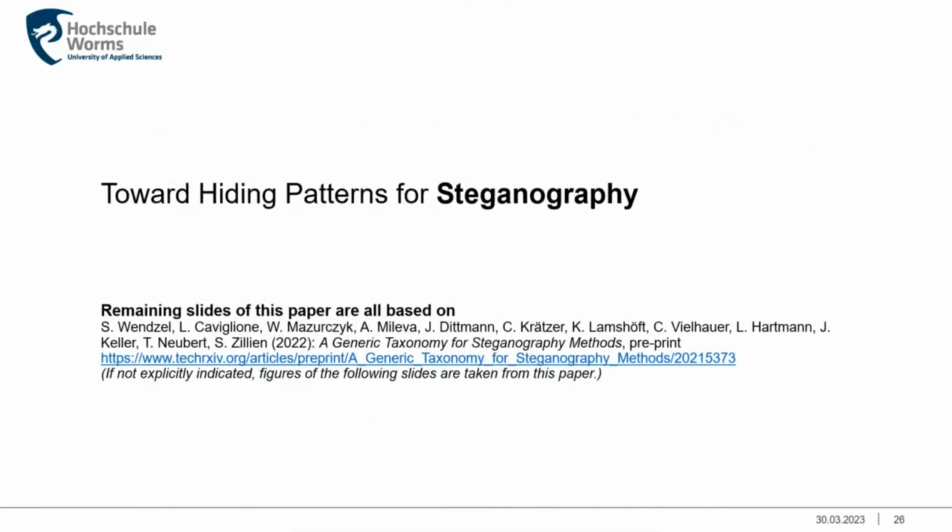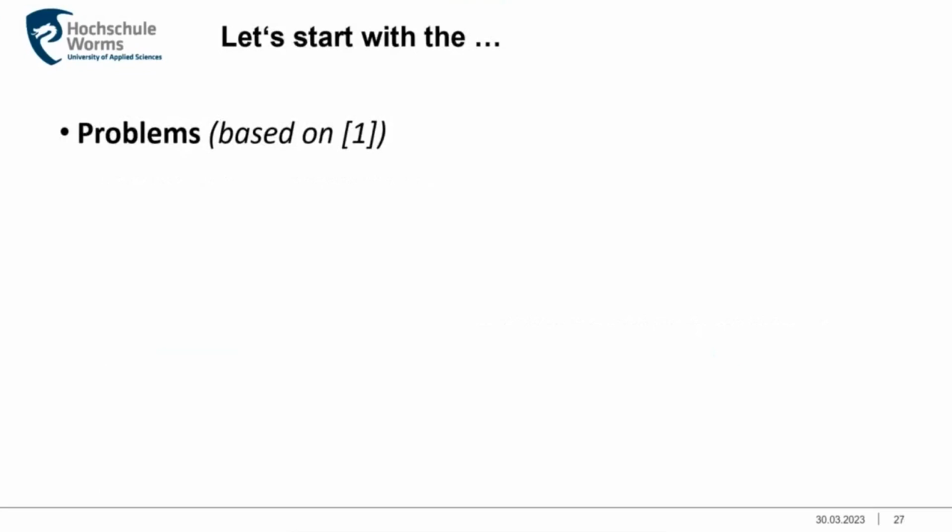Okay, now how did we develop this taxonomy, and how did we aim for making sure that it's actually used? Because many taxonomies are published, people read them, forget them, and that's it. So let's start with the problems.